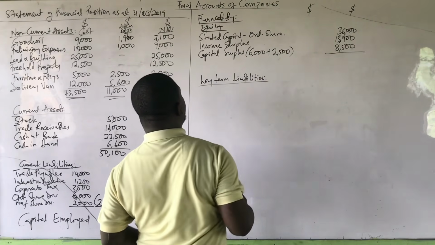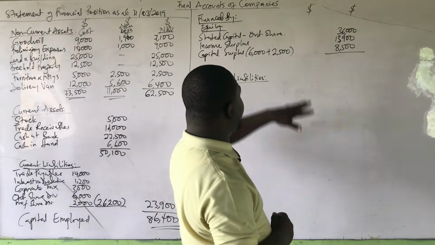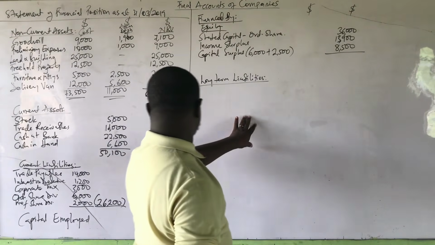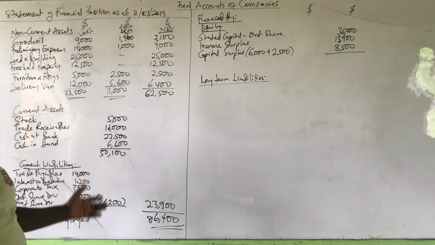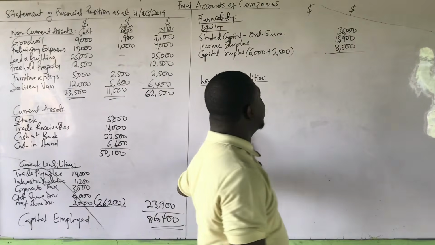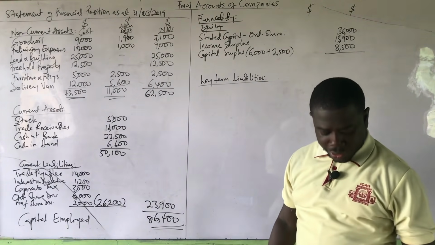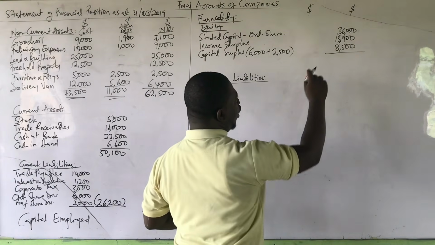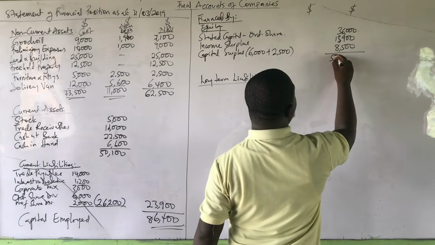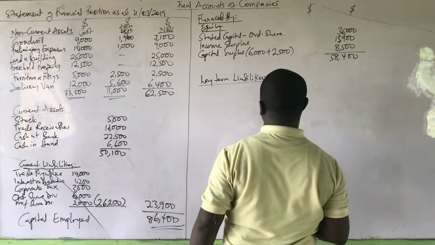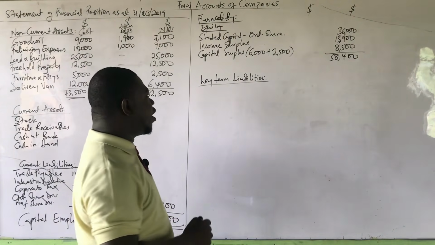Once your current liability has already been adjusted, the equation is left with the equity component and the long-term liability component. So we have a total equity of $58,400.